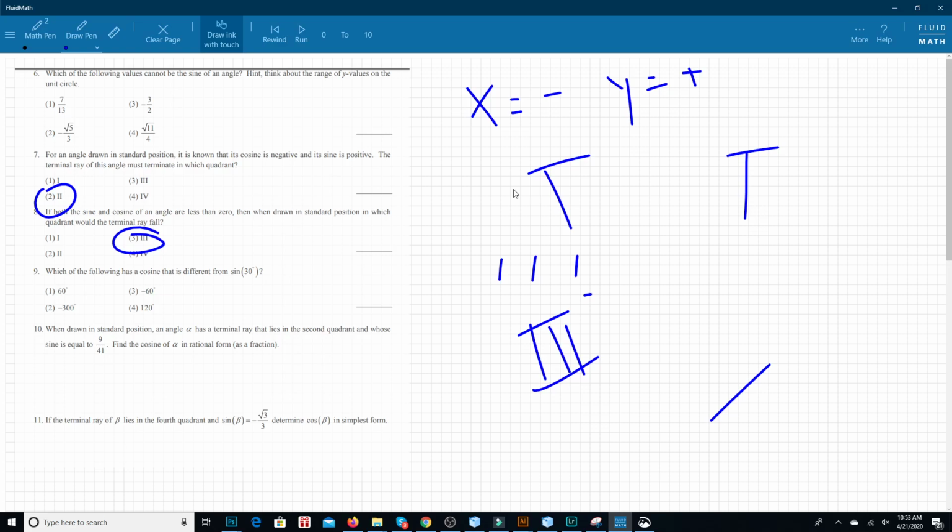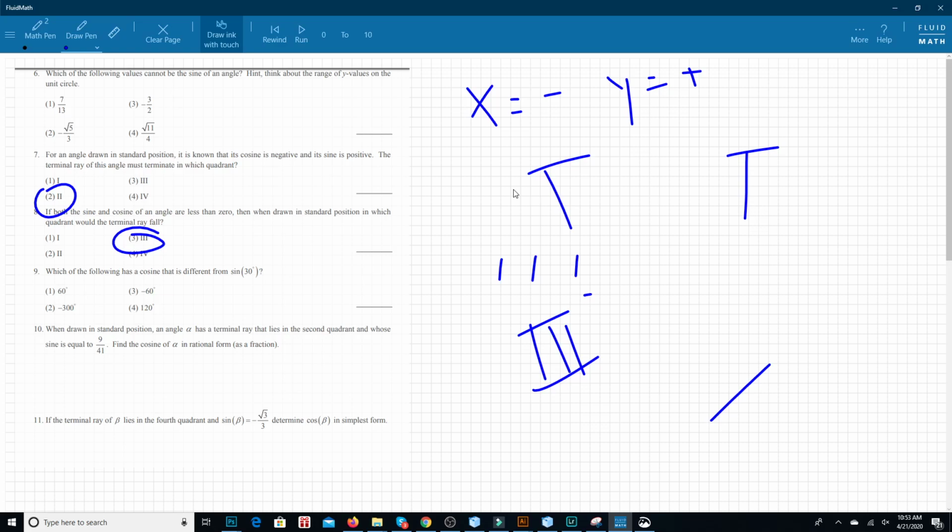And if you look at cosine negative 60 degrees, that's going to be 1/2 again. So that one works out too. That's also equal to the sine of 30 degrees. Everyone see that? Because if positive goes counterclockwise, then negative goes clockwise. So negative 60 degrees, I'm going clockwise down from 360 to 300.